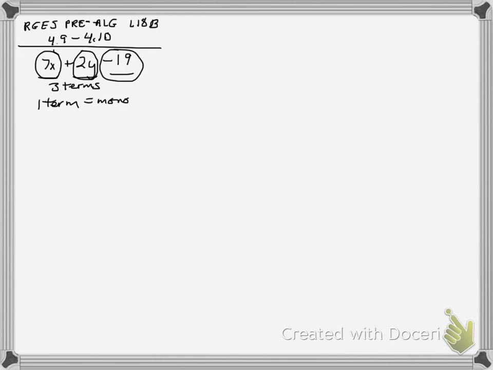So let's say I have 2x times 5xy squared. This is being multiplied together, and so this is a monomial, even though it looks complicated. Just 2a, or just a, is also a monomial. Any of these are monomials.